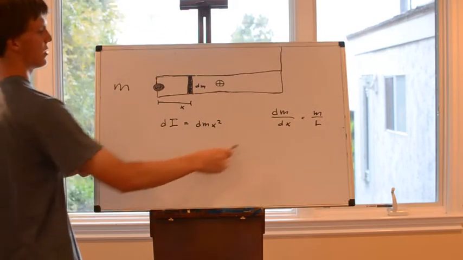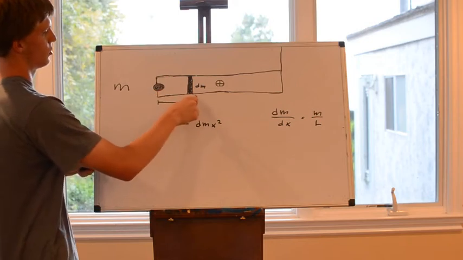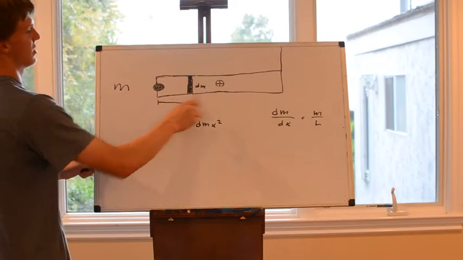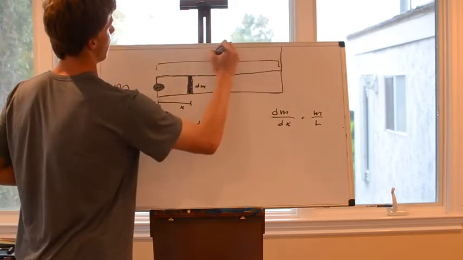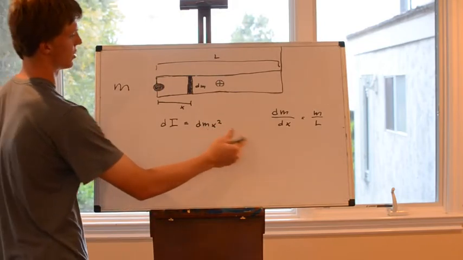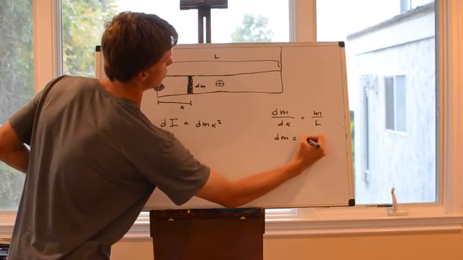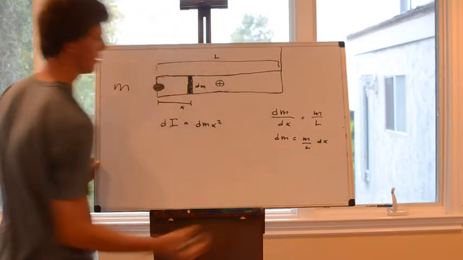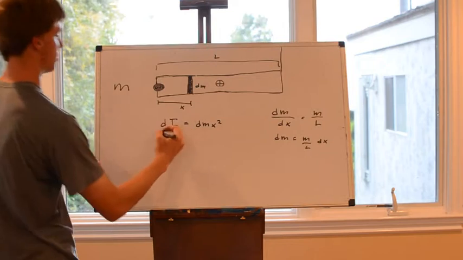And in this case, dx represents the length from the pivot point to this certain mass, and we're equating it to the length because the entire length of this rod is a distance L. So now we have to solve for dm to get these variables equal to each other. So dm is equal to mass over length times dx. We're going to take this and plug it into our equation here.